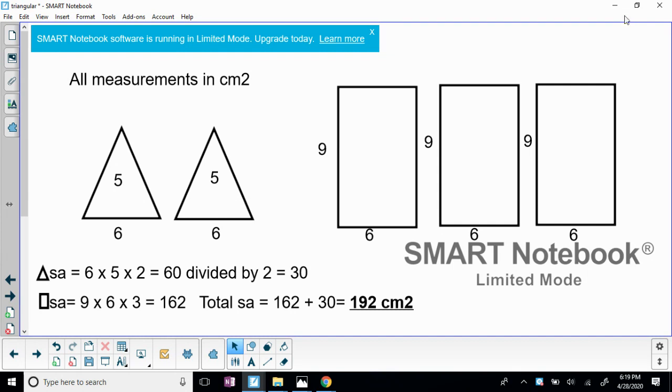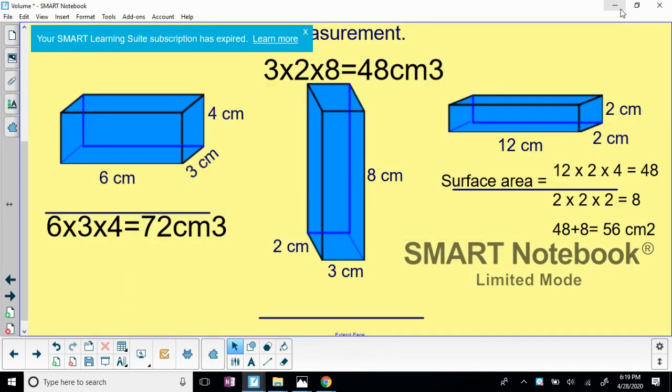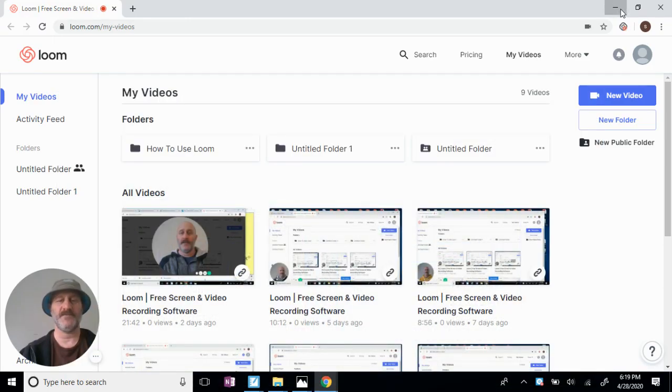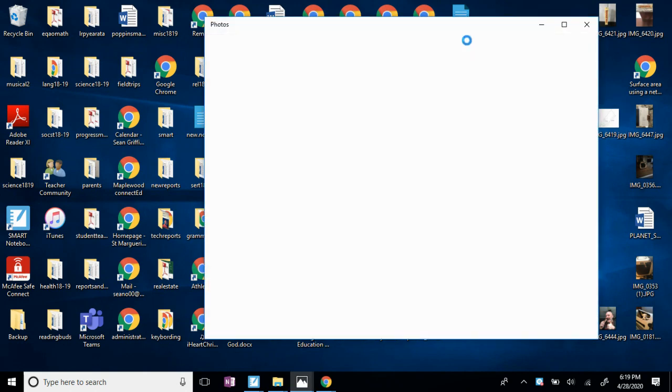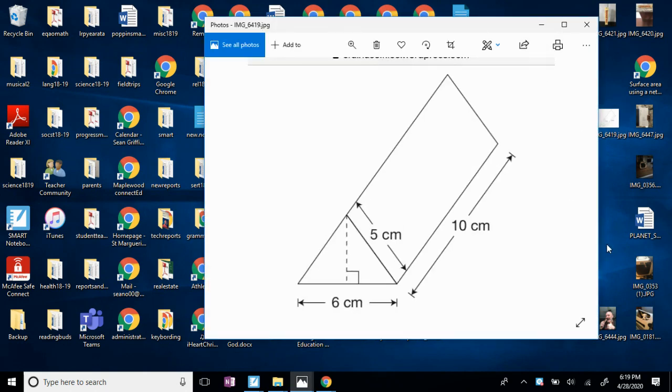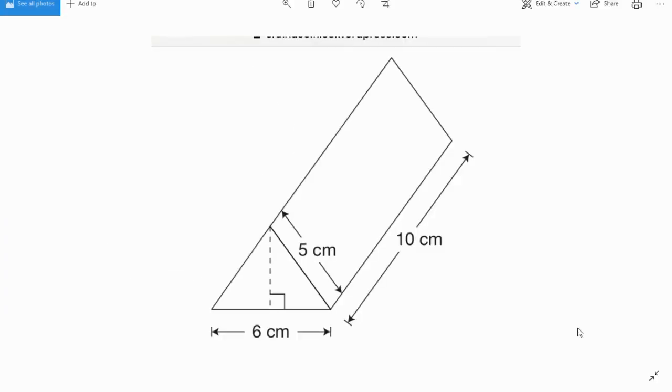Okay? All right. So I talked about not all triangles being the same. So what I meant by that is, for example, this. All right. So this triangle here, again, if you think of it like a tent, this face would be 10 times 5.